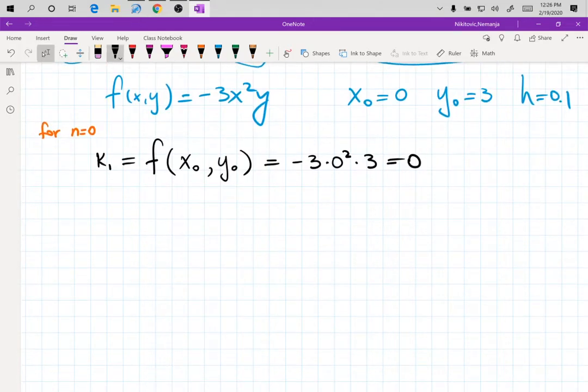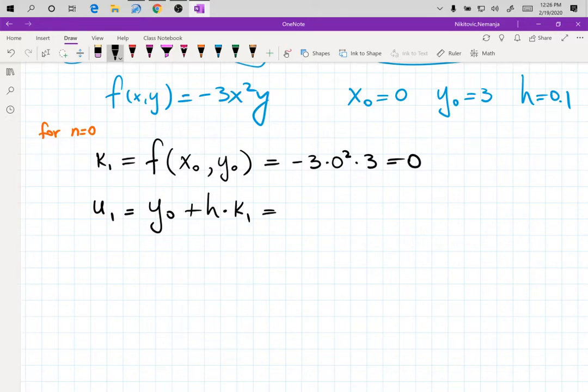So now I am calculating u1, and u1 is going to be yn, which is y0, plus h times k1.